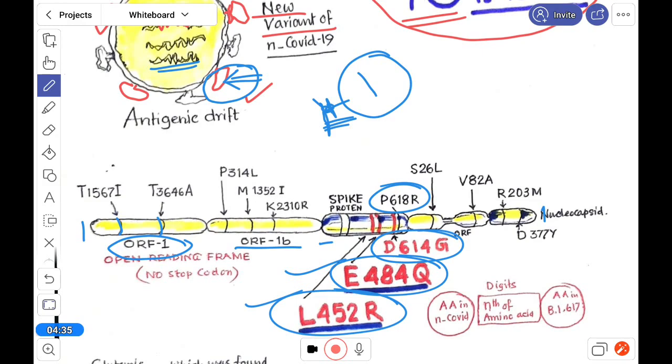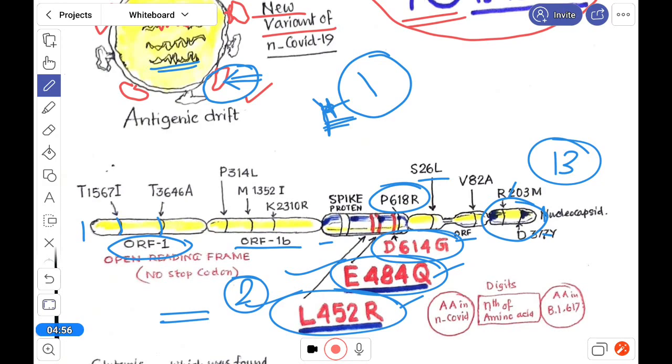So these 2 are very important, and I will tell you what the changes are. In the other part you can see another ORF, open reading frame, and the nucleocapsid, where some changes are there. In total, if you count, it will be 13, but our importance is on 2 here, so that is why it is a double variant. If you include one more, then it will be 3.